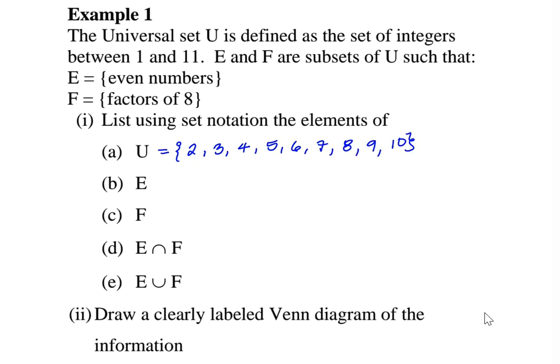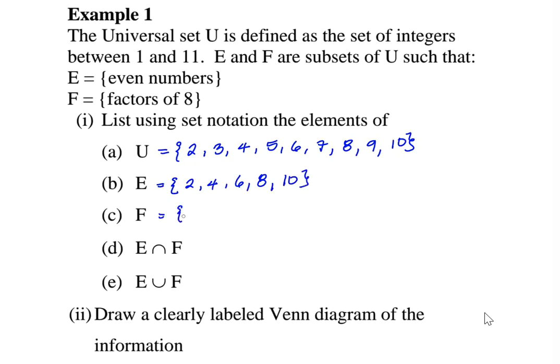The numbers 2 to 10 are the integer values between 1 and 11. When it says between 1 and 11, it means that you must not include 1 and you must not include 11. E is the set of even numbers, so that would be 2, 4, 6, 8, and 10.